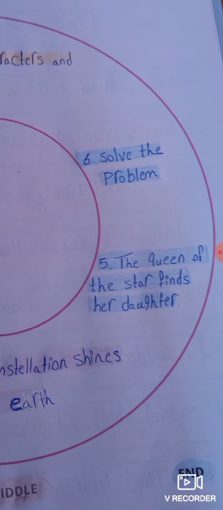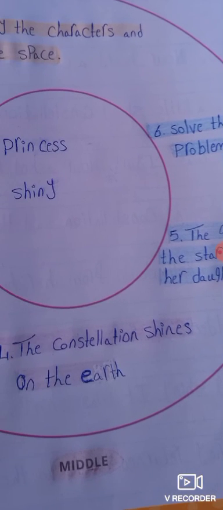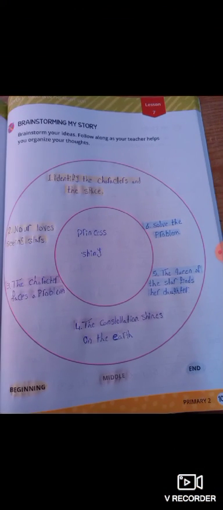Number five, the queen of the stars finds her daughter, so we solve the problem here. And number six solves the problem. We color it in blue. Why? Because it is the end of the story. So in the big circle, we have the main ideas of the story, and in the small circle inside it, we have written the title of the story.